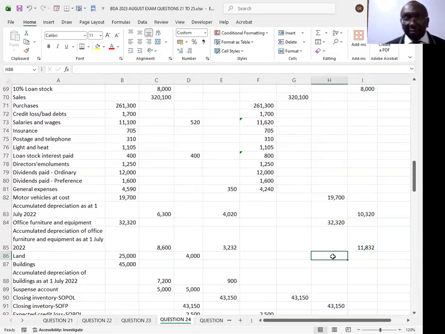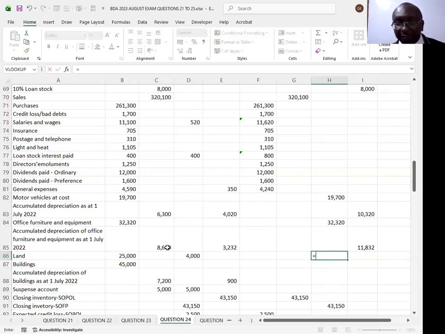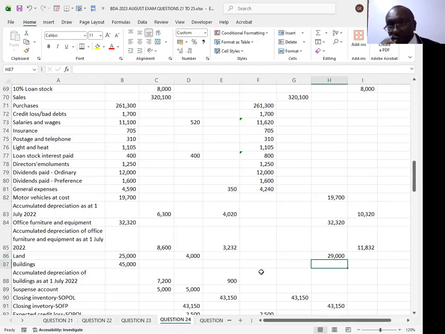LAD, the same. LAD was revalued upwards. LAD. So it is this 25 plus this 4,000. The 25,000 plus 4,000. Buildings.